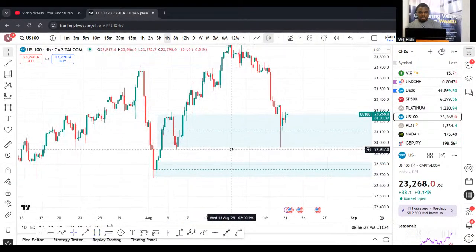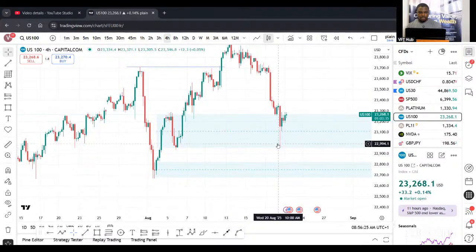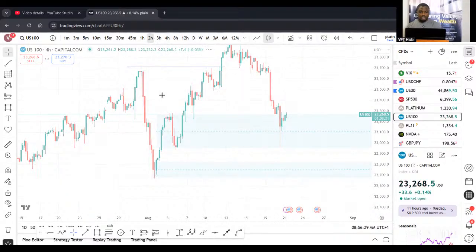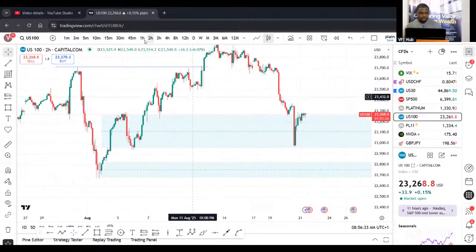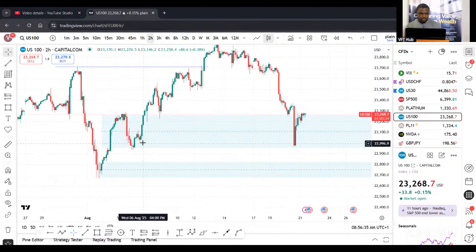Right, this area has not been mitigated, and there's a possibility price could drop to the downside. But on the 4-hour time frame, let me look at the 2-hour time frame. Anything special on the 2-hour time frame? Nope. On the 1-hour time frame, price has mitigated this exactly, sending it up to the upside.